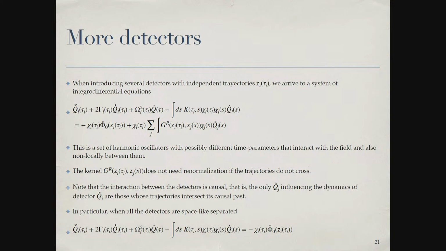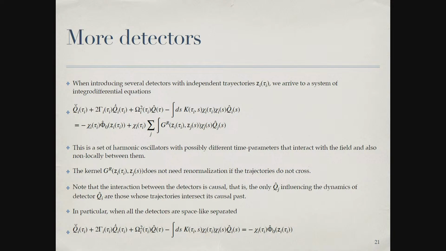They have their own parameters, because nothing tells you that renormalization is independent of the detector that you're picking. And this kernel doesn't change, because for each detector it's its own internal kernel of its own self-dynamics, let's say.